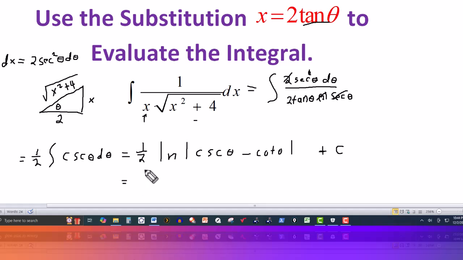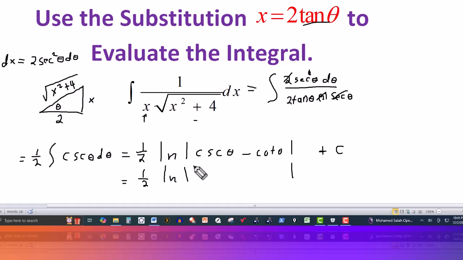This then is equal to 1/2 natural log, and then from the triangle I'll simply find out what cosecant of theta is. So the cosecant is the hypotenuse over the opposite side.